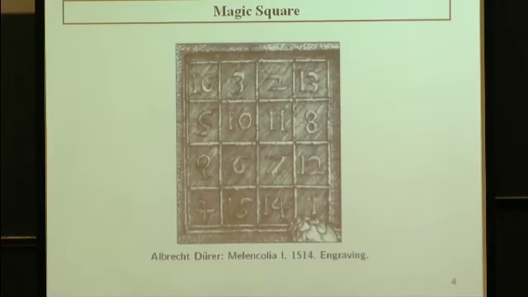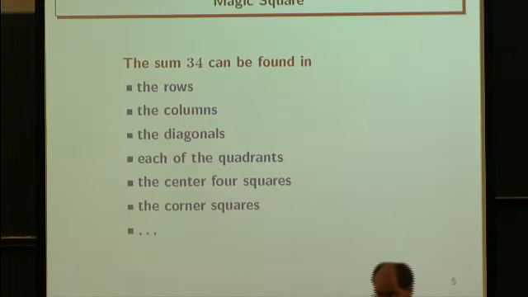It's a rectangular array of natural numbers: 16, 3, 2, 13, I hope you can see them, 5 is a little bit turned around, and 10, 11, 8, 9, 6, 7, and so on. It has a remarkable property: you can sum up rows and columns and diagonals and even quadrants and more patterns, each consisting of 4 blocks, and they all sum up to 34.